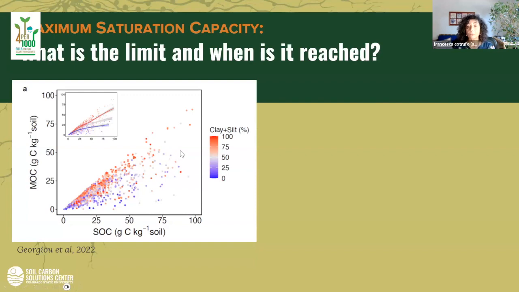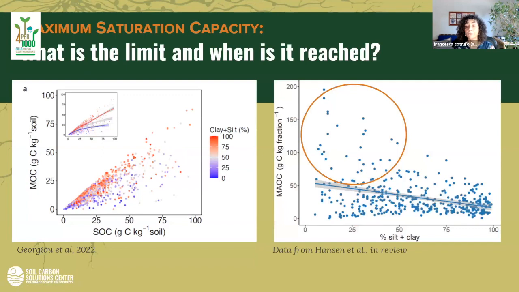The other thing that I want to point your attention to is that if, instead of presenting the mineral-associated organic carbon per gram of soil, we do it in relation to the amount of the mineral-associated fraction, then what we found is that only at low silt and clay content, so only coarse soils, have the silt and clay fraction highly enriched with carbon, and with fine soils we often don't see this.